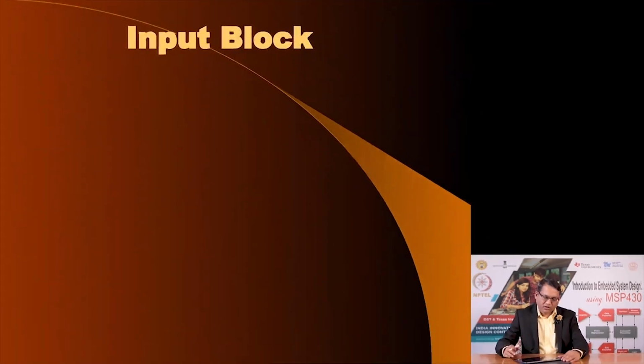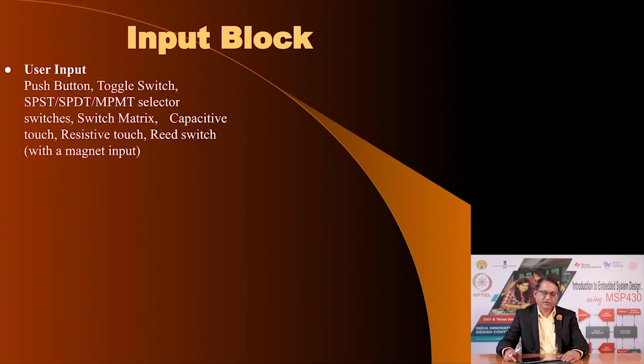The input block could consist of user inputs, for the user to provide input to the embedded system, and these are the various options. You may have a push button or a toggle switch which is on and off. You could have a switch with multiple settings, like you have on a fan speed control: low, medium, high and so on. These are called SPST or SPDT or multi-pole, multi-throw switches.